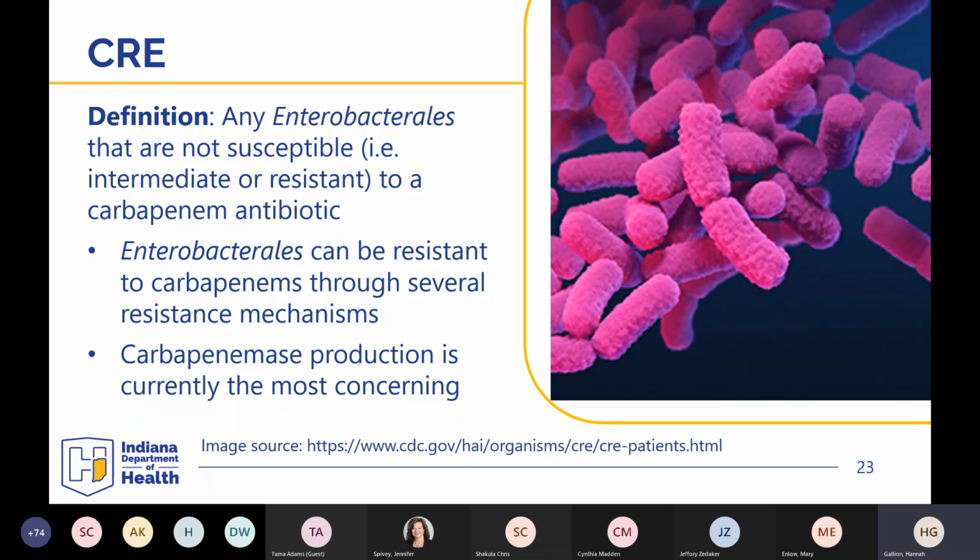CRE are any Enterobacterales that is not susceptible to a carbapenem antibiotic. They can be resistant to carbapenems through several different resistant mechanisms. However, carbapenemase production is currently the most concerning resistant mechanism. This is due to the carbapenemase gene being found on a plasmid, which can be horizontally transferred from organism to organism.